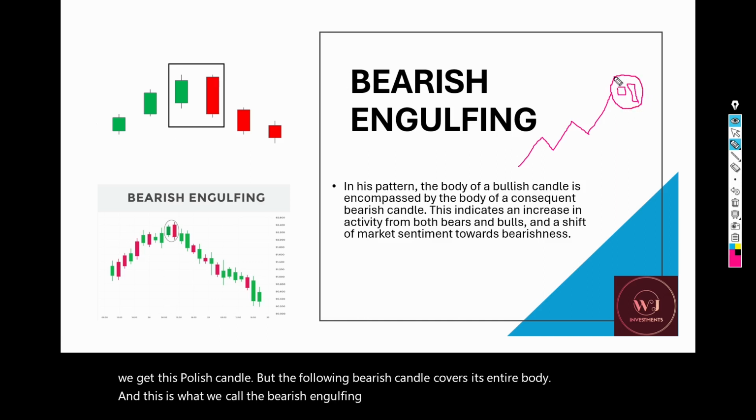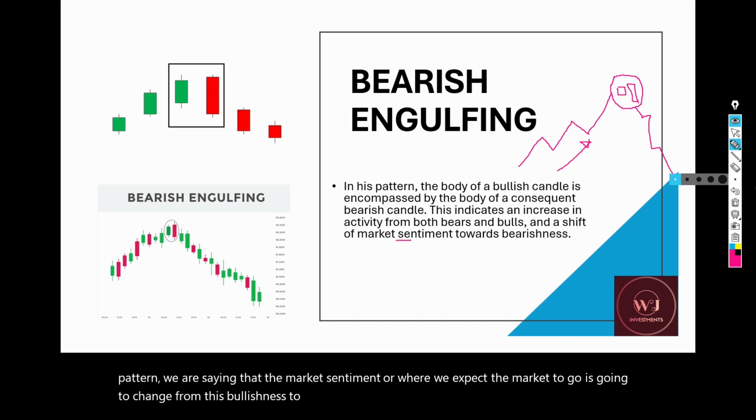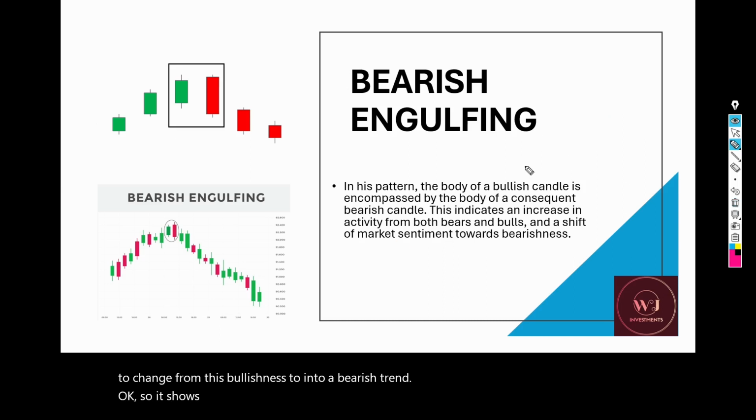After getting this bearish engulfing pattern, we are saying that the market sentiment, or where we expect the market to go, is going to change from this bullishness into a bearish trend. Okay, so it shows that the trend which was in force at that moment, the uptrend, has weakened.